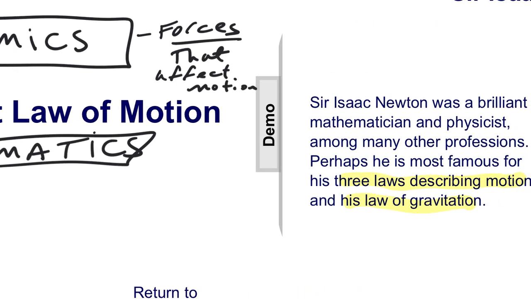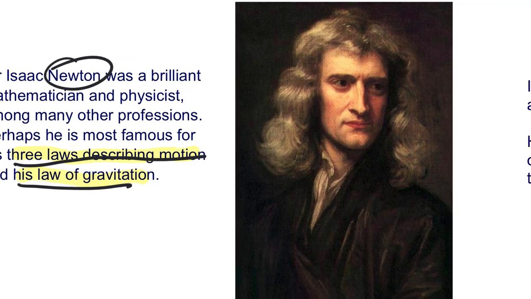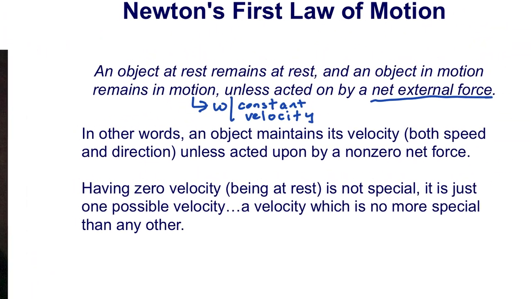Okay, so let's start with three laws of motion. Isaac Newton lived about the 1700s. He also wrote the law of gravitation, which we'll talk about in another unit. So let's start with the first law of motion.